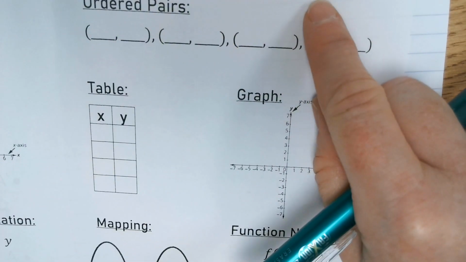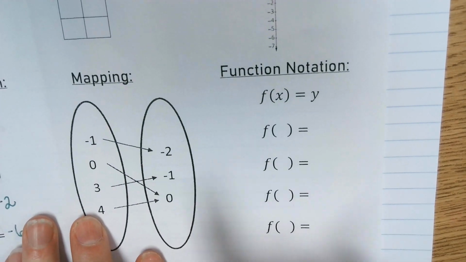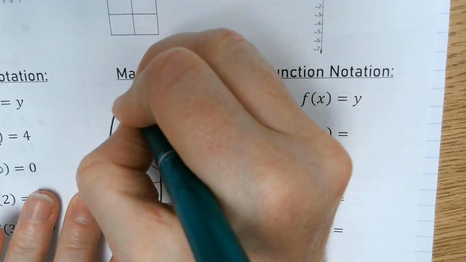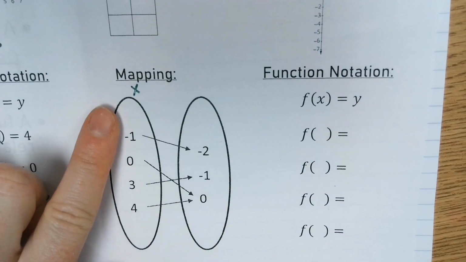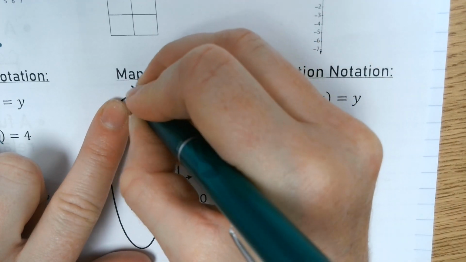All right, we don't have ordered pairs. We don't have a table. We don't have a graph, but we have a mapping. So the mapping is what x value, this is your x value, so go ahead and put x right there, matches with the y value.